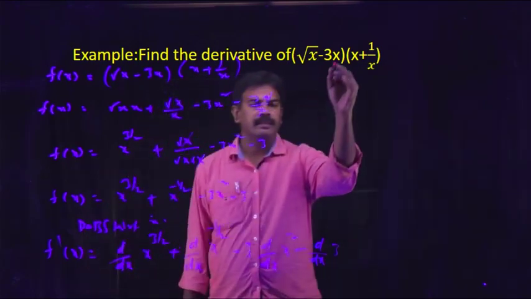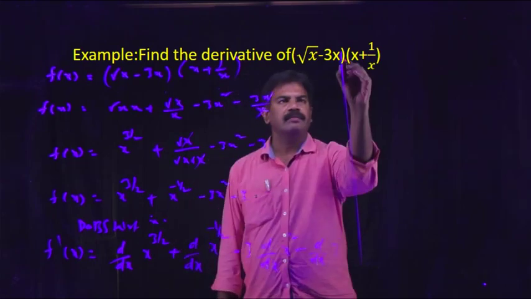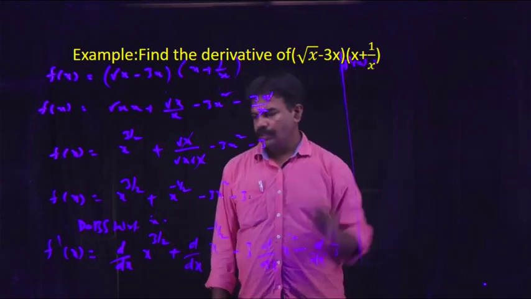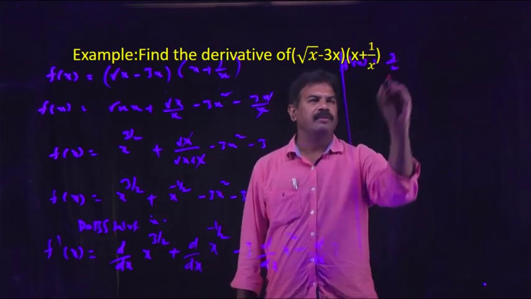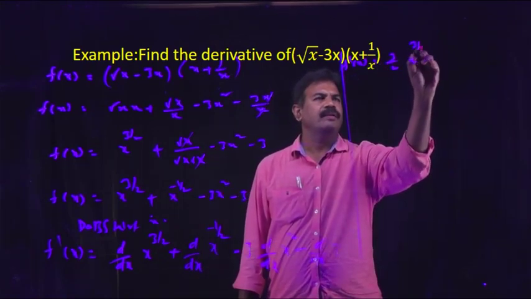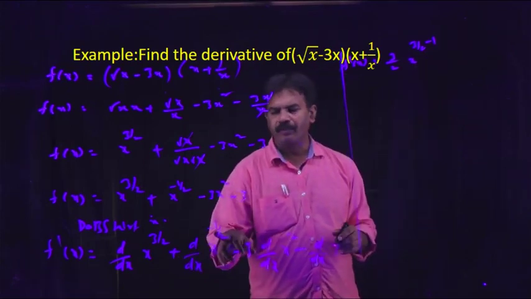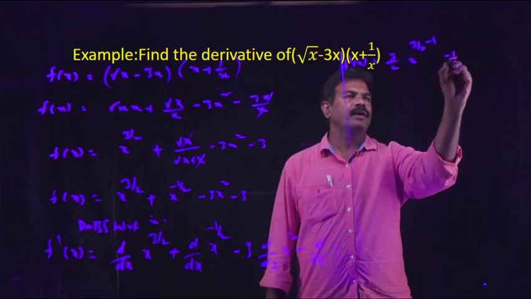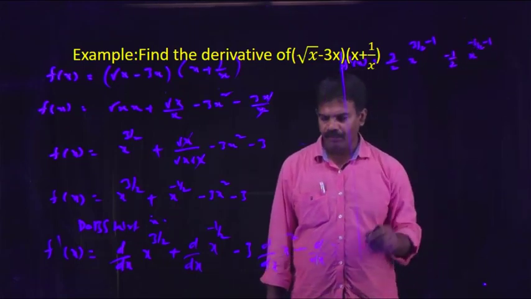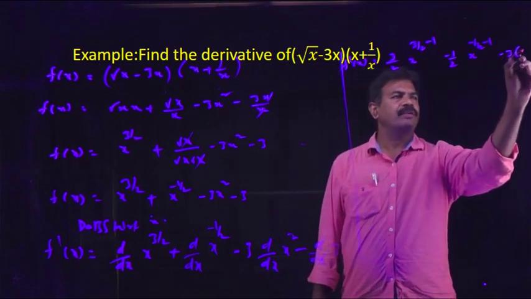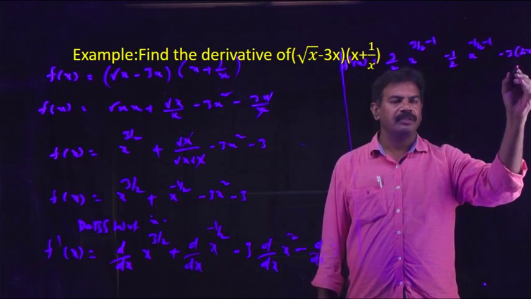That is, f'(x) = for x^n the derivative is n·x^(n−1), that is (3/2)·x^(3/2 − 1), plus (−1/2)·x^(−1/2 − 1), minus 3 times the derivative of x², which is 2x, minus the constant's derivative, which is 0.